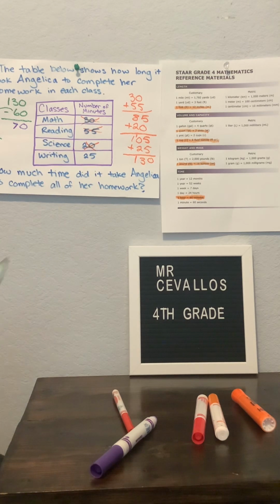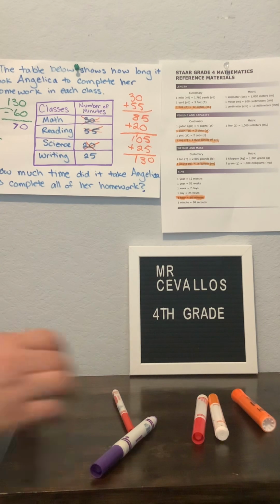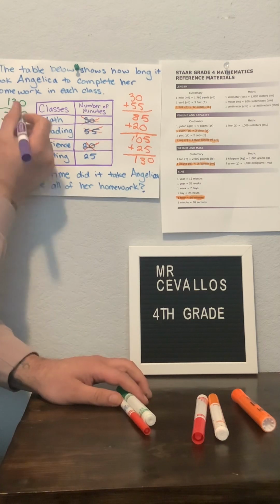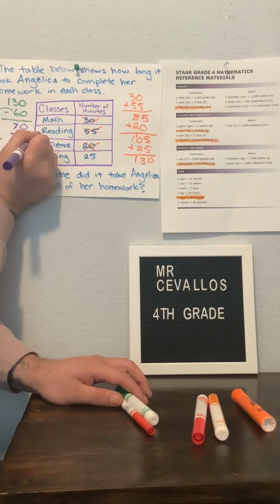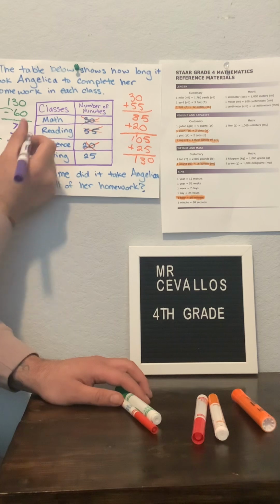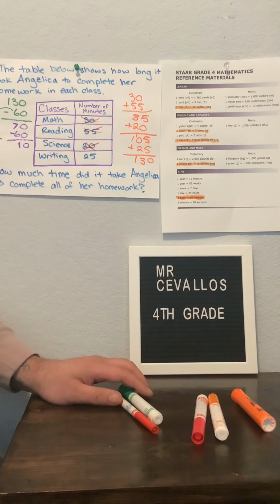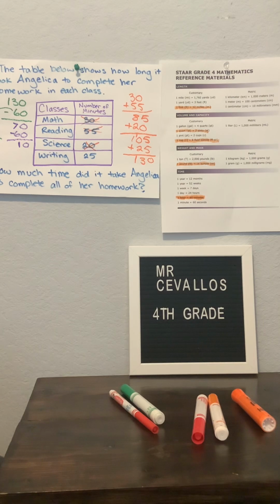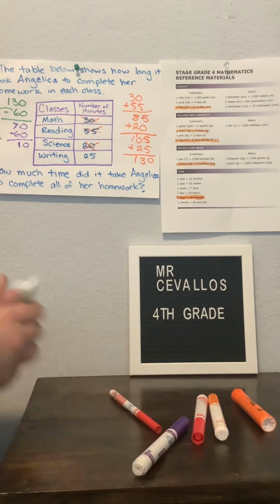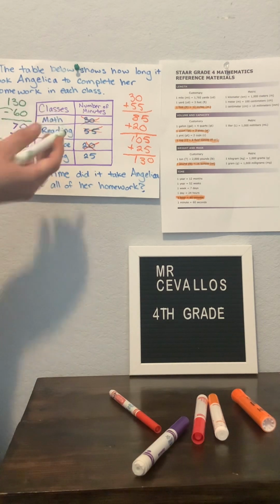It's been converted into 1 hour. Now, can I still take 60 minutes from 70 minutes? The answer is yes. Of course I can. I'm going to take that 60 minutes, and 0 minus 0 is 0, and 7 minus 6 is 1, and I am going to pull that 60 minutes I just subtracted, right?